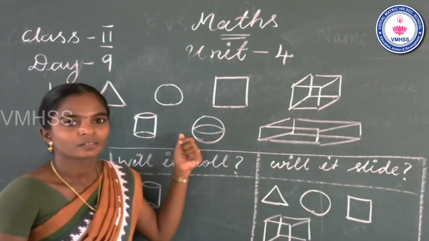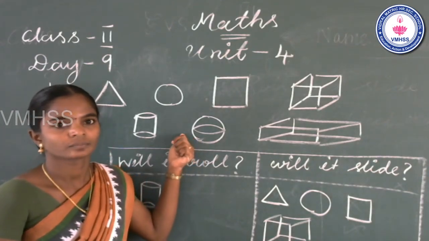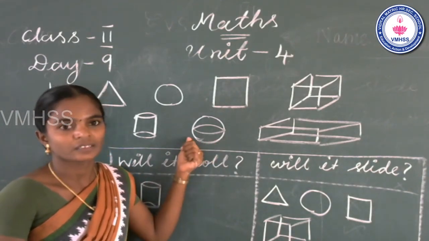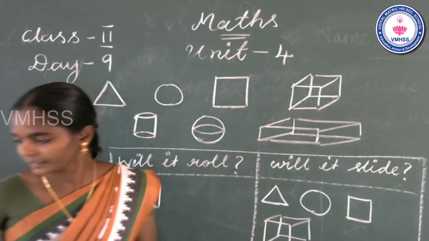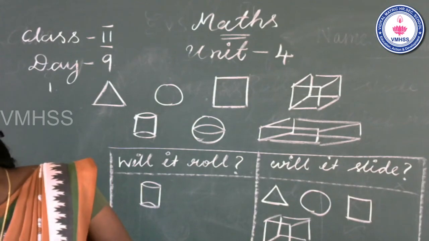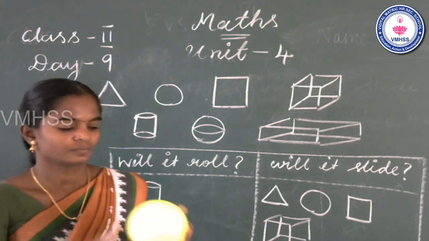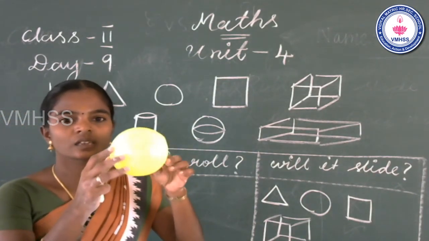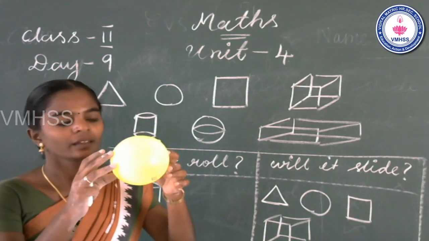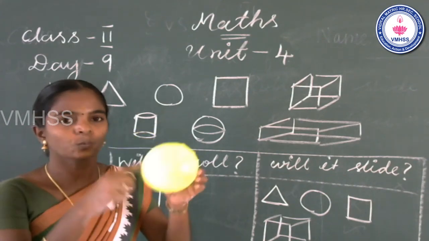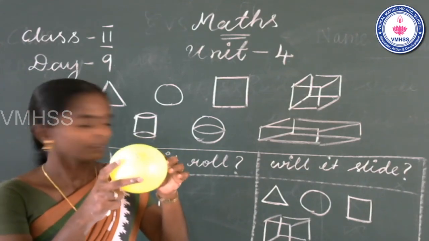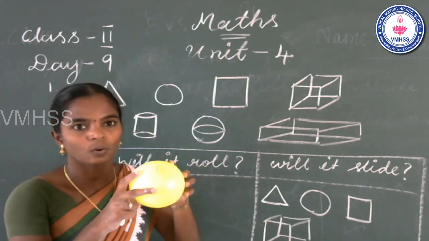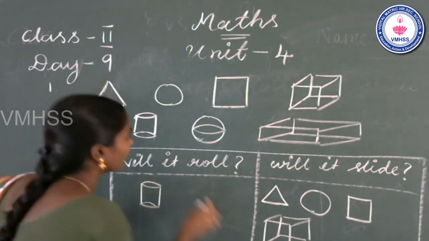Students, what is the next one? Sphere shape. Children listen here. Look at the sphere shape. This has only 1 curved face, so it will roll.